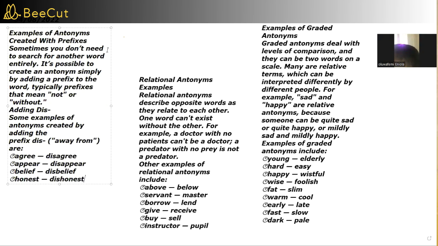Sometimes you don't need to search for another word. In the ones we'll be seeing, it's entirely new words that we use to make the antonym, the opposite or the nearly opposite in meaning. But sometimes it's possible to create an antonym simply by adding a prefix to the word, typically prefixes that mean not or without. Example here, adding dis.